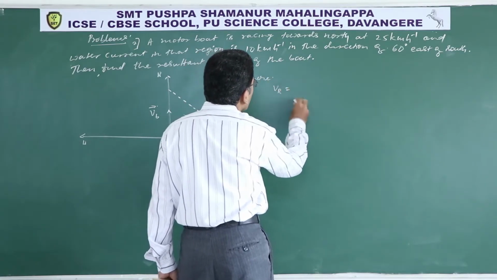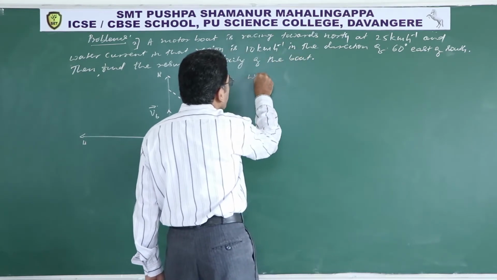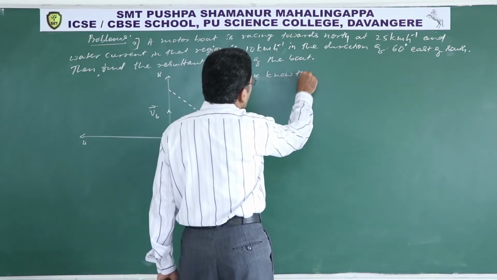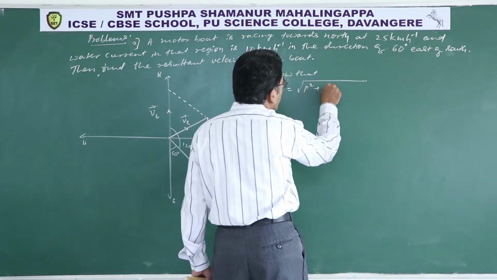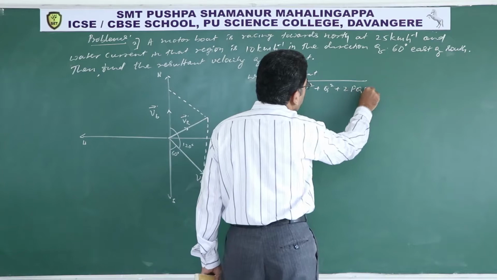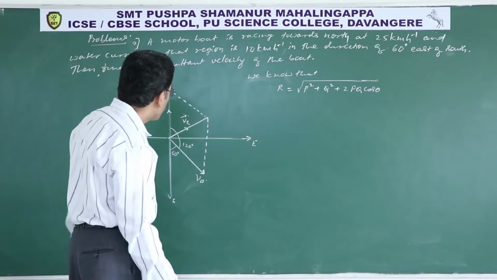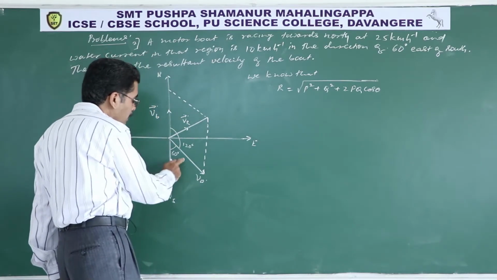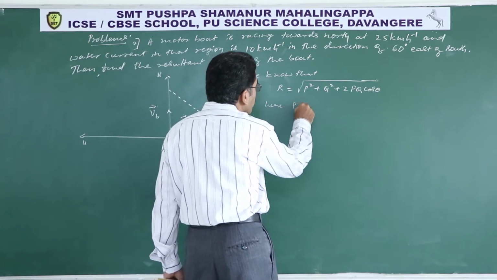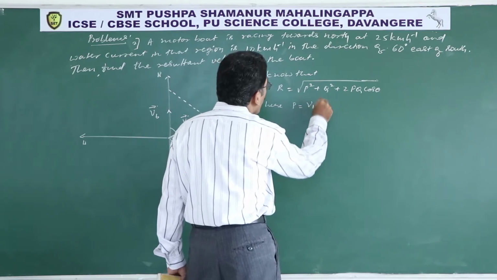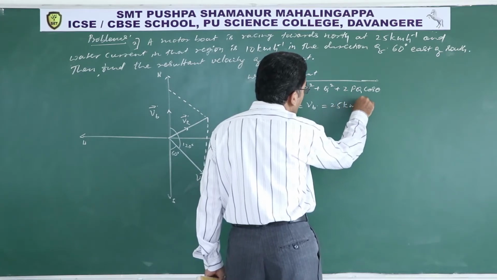VR is equal to, you just make use of the relation. We know that R is equal to root of P square plus Q square plus 2PQ cos theta. This is the case when two vectors are acting at a point. Here I am taking two vectors, VB and VW. Here P is VB, which is 25 km per hour.